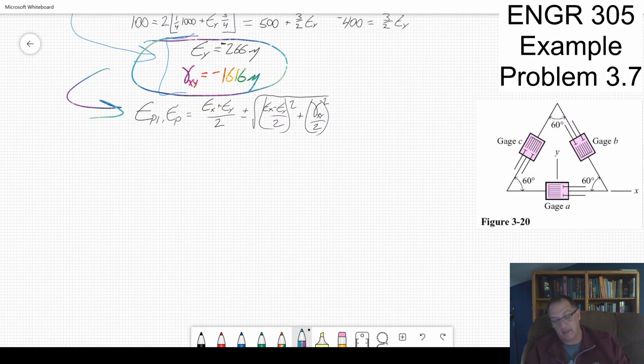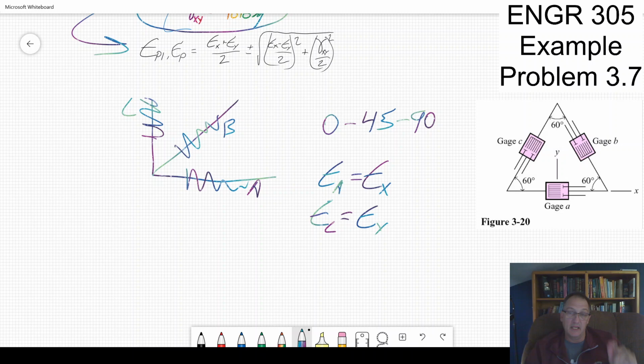Same advantage as what we just did with the 0, 60, 120. But the strain in the C direction is equal to the strain in the Y direction. So now you're down to one unknown, the shear strain, and you can get that by writing one more equation which incorporates B. And then you can get the shear strain.